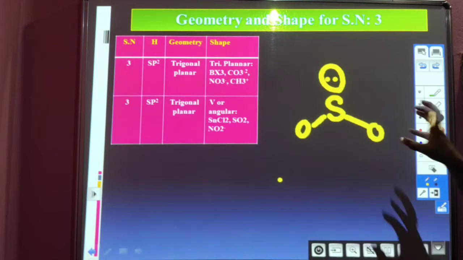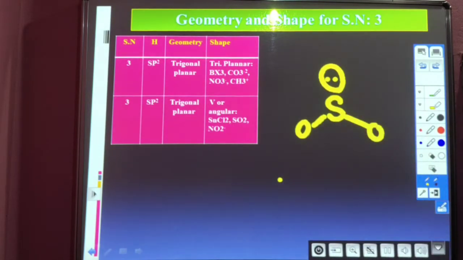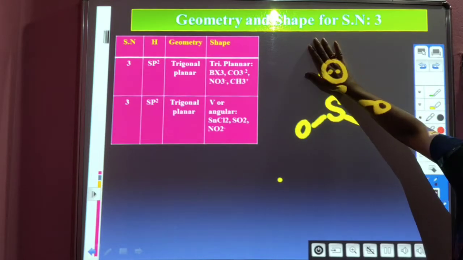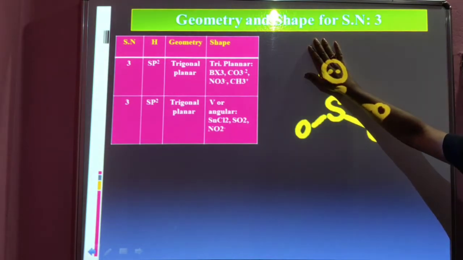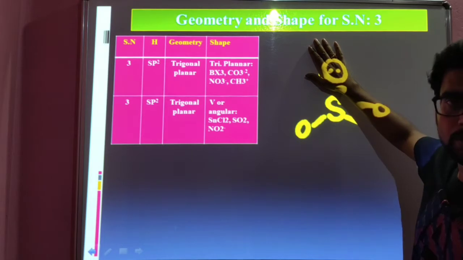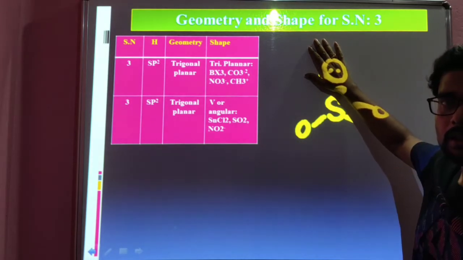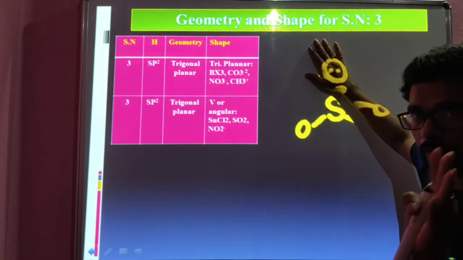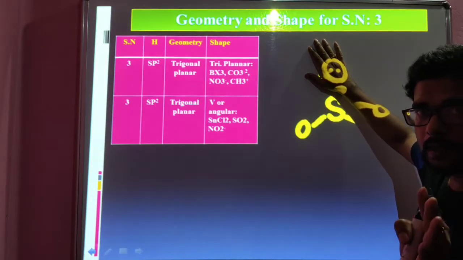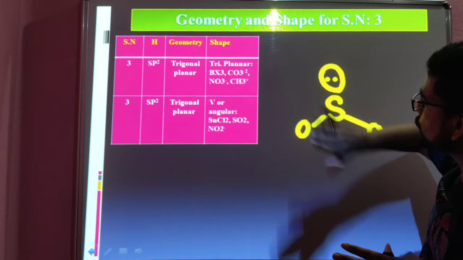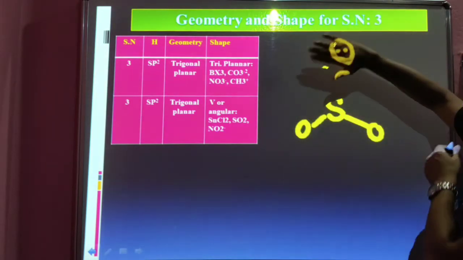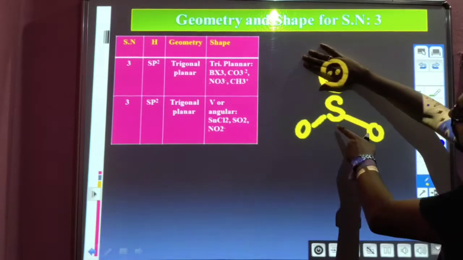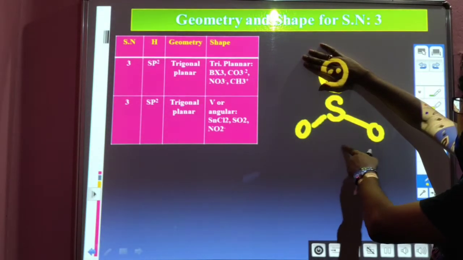Now while looking at the shape or telling the shape, just remove this one. See, lone pair is just like a ghost. You cannot see the lone pair. So while telling the shape, you just simply remove this lone pair and look at this. What will be the shape?